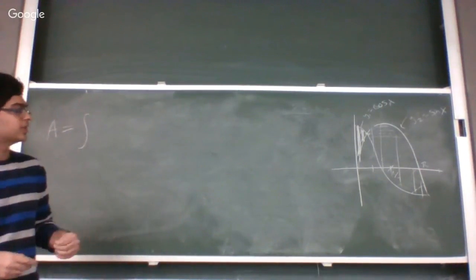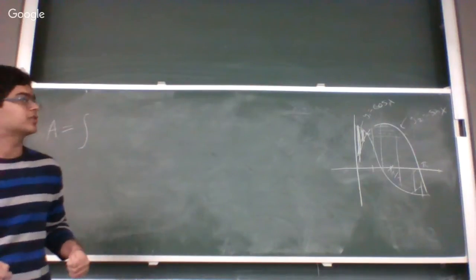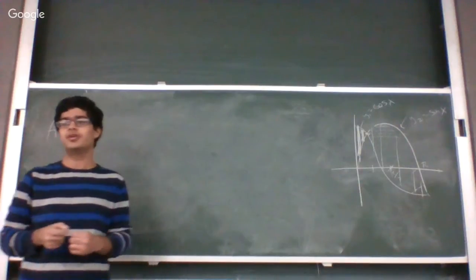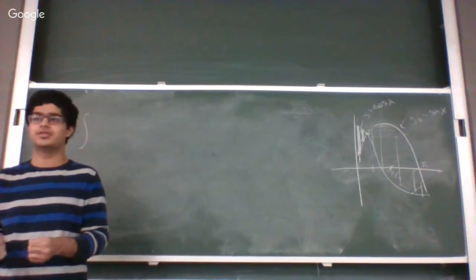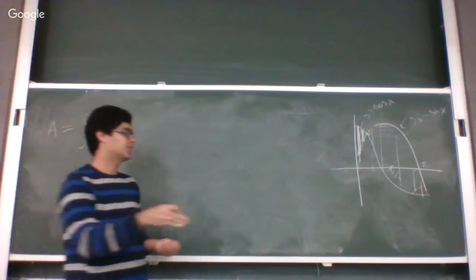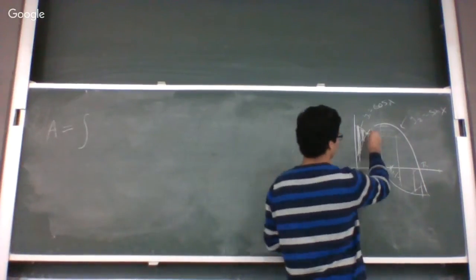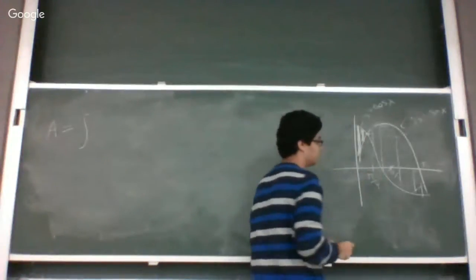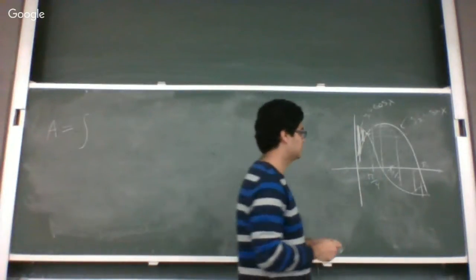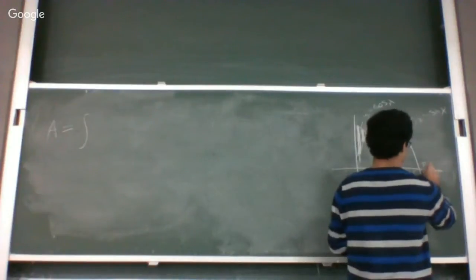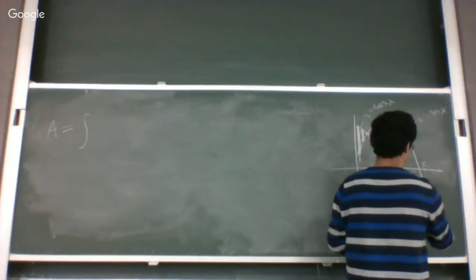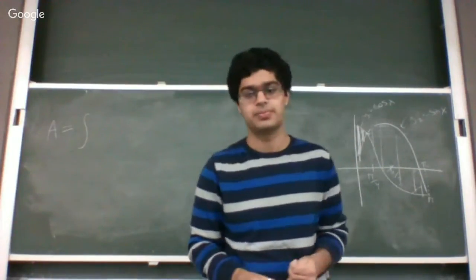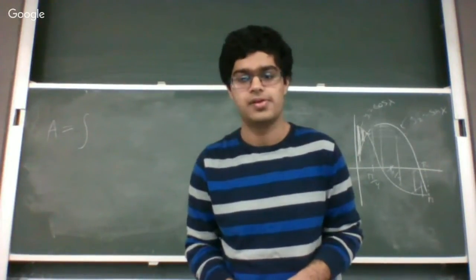Where do you guys think sine and cosine cross each other? Where do sine and cosine equal each other? Pi over 4. Okay? That tells us that this is pi over 4. And this would be, it's 3 pi.